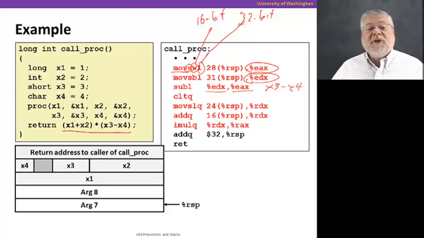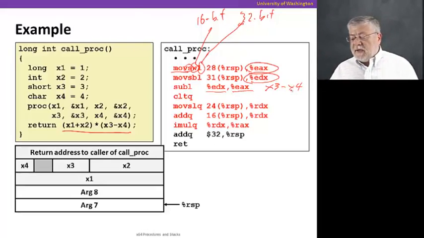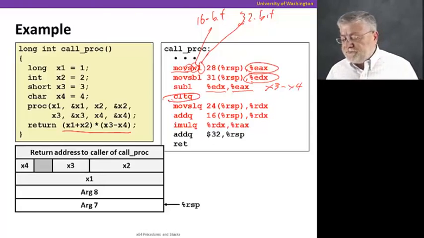Now, of course, that's a 32-bit quantity, and we're going to have to multiply it with some 64-bit quantity. So we're going to do some more sign extension using the CLTQ instruction. That sign extends the 32-bit EAX register to 64 bits.